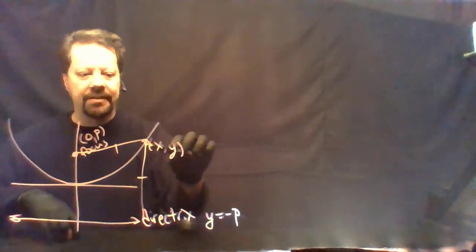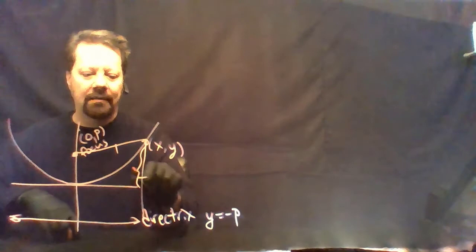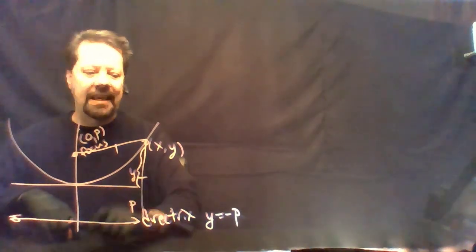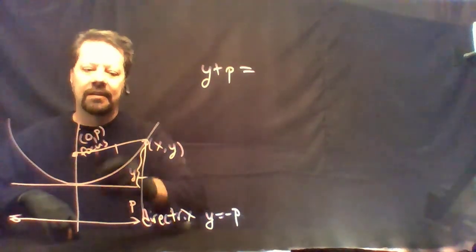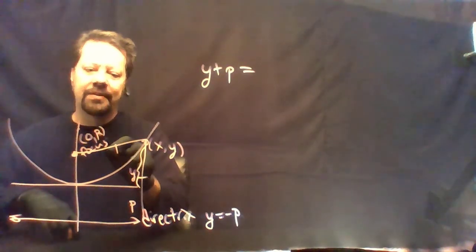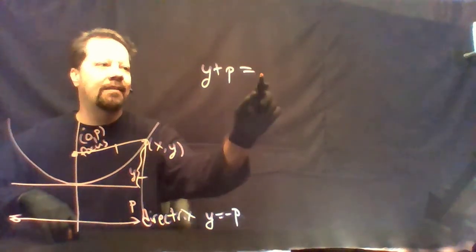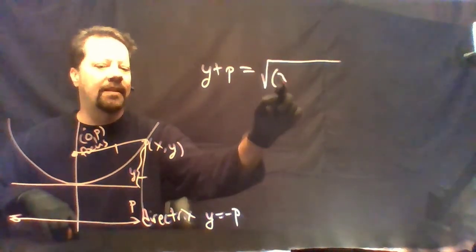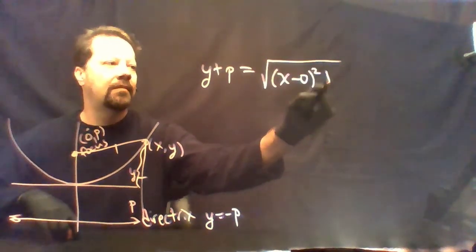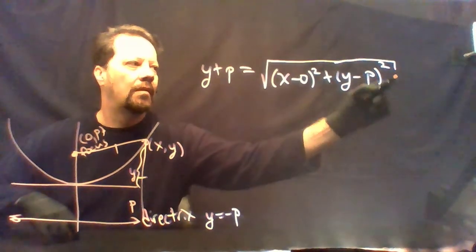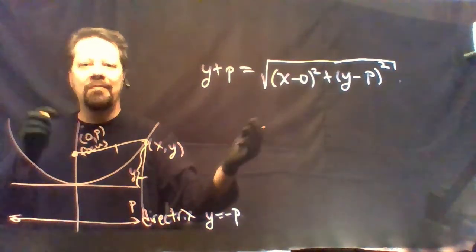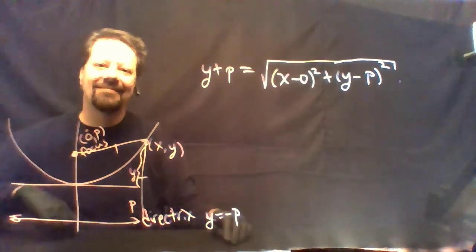The distance here is y plus p. The distance between the point 0, p and the point x, y is found using the distance formula.